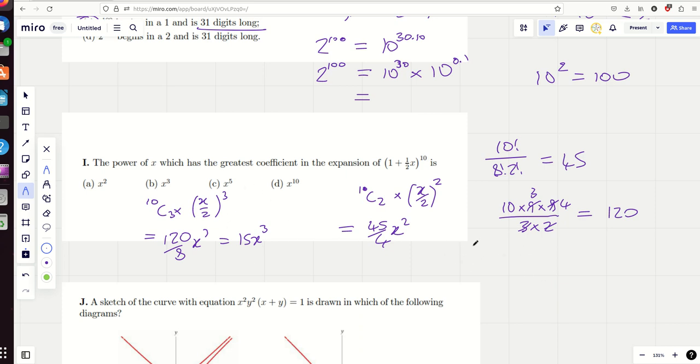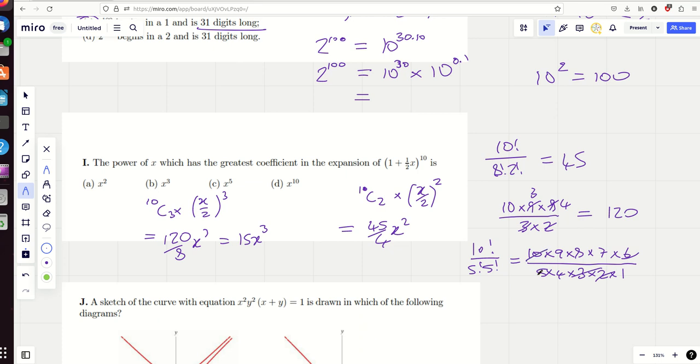What about x to the 5? 10 factorial over 5 factorial, 5 factorial. That's 10 times 9 times 8 times 7 times 6 over 5 times 4 times 3 times 2 times 1. We have to do these quickly because we get rushed in these questions. 3 and 2 is 6.